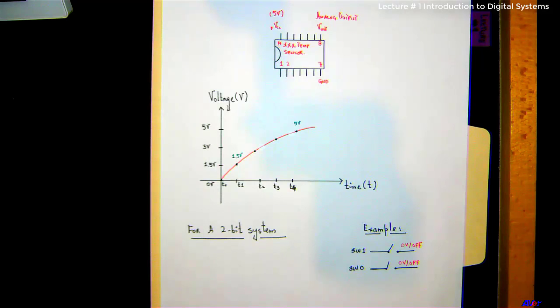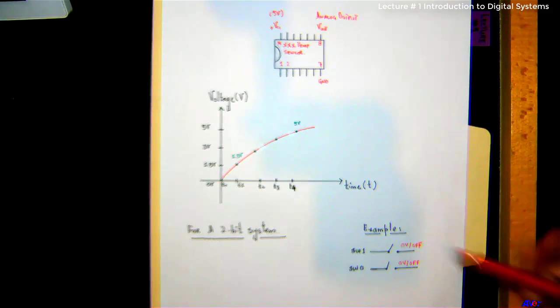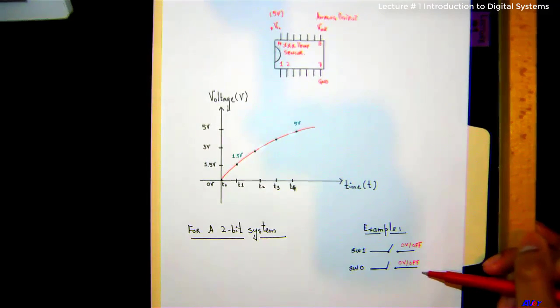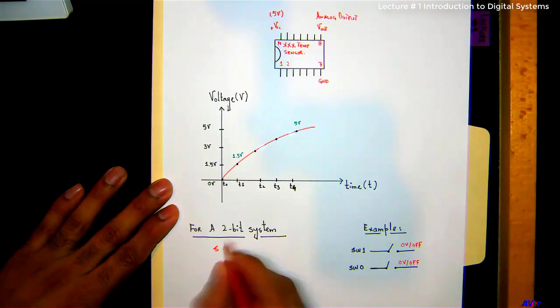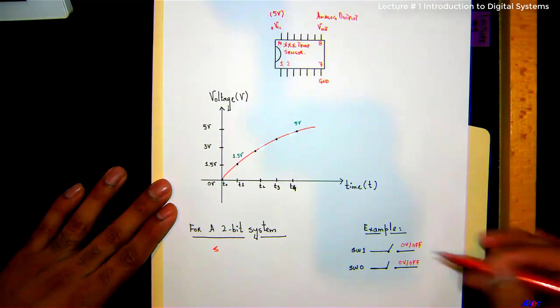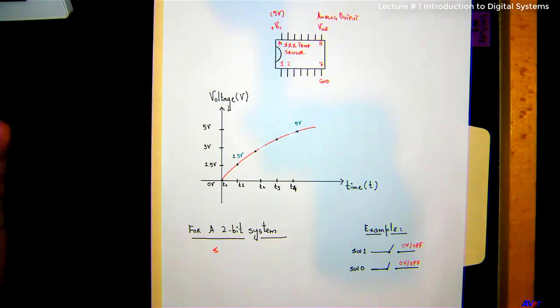Anybody else? Okay, yes, 4, right? Either both switches are off, or both switches are on, or this one is off and this one is on, and this one is on and this one is off. So let me put it down over here. For a 2-bit system, you can think of switch 1 and switch 0 as a 2-bit system.